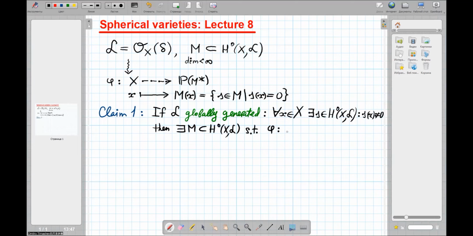The map phi is a morphism from X to the projectivization of M star.